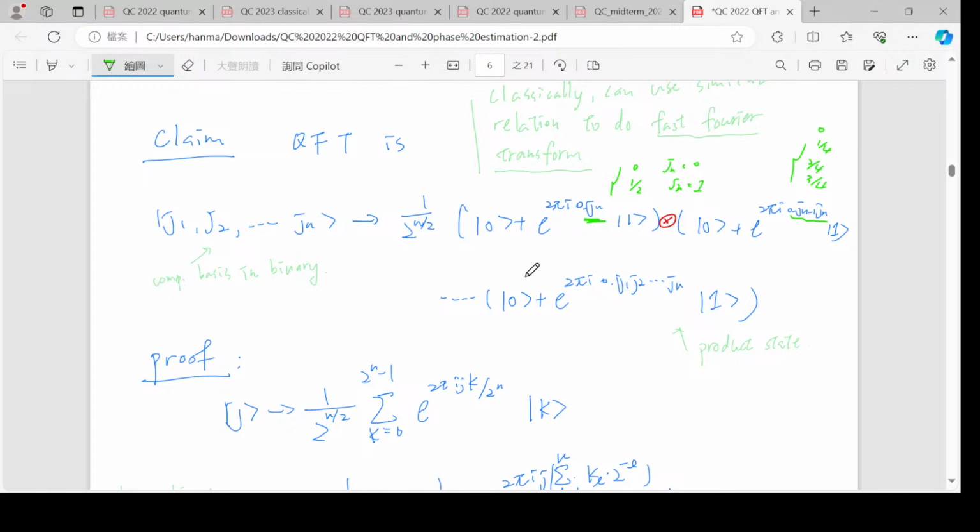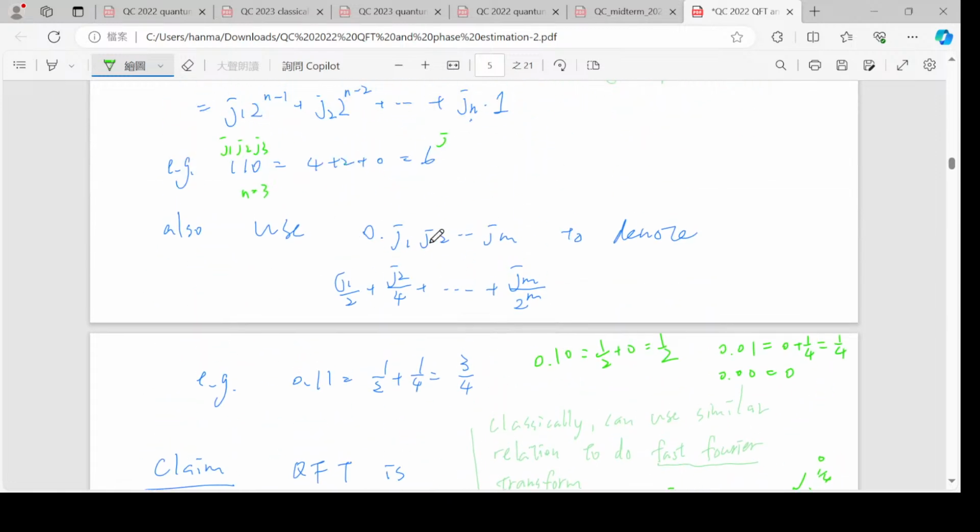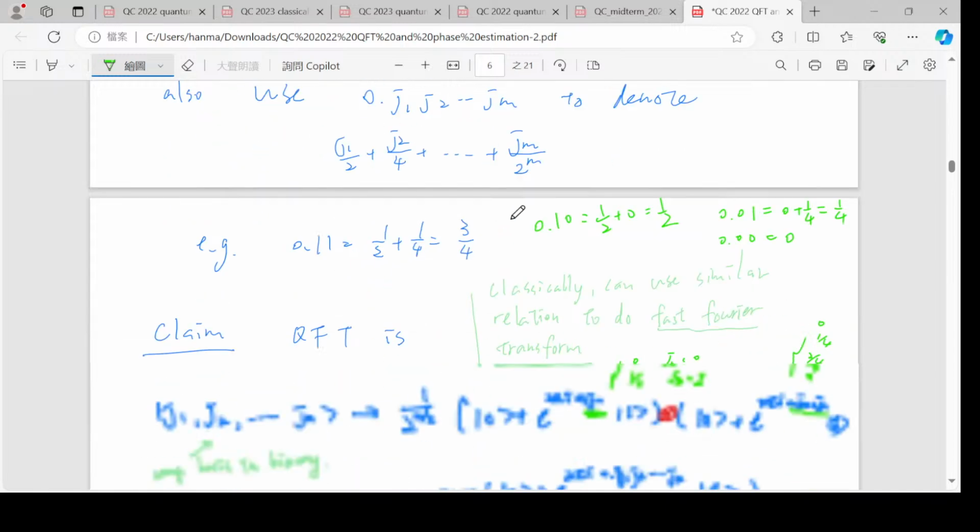But it has a very structured form: it is a product over every qubit. The first qubit will be |0> plus |1> with this e to the 2 pi i 0.jn phase, and the 0.jn is this 0.j1 j2 to jn notation.